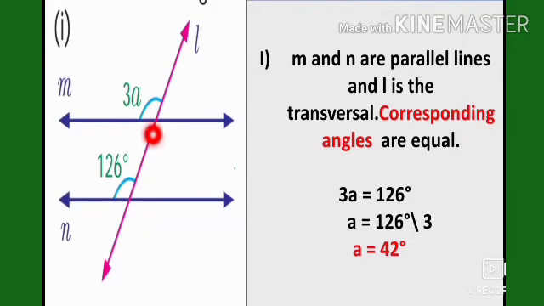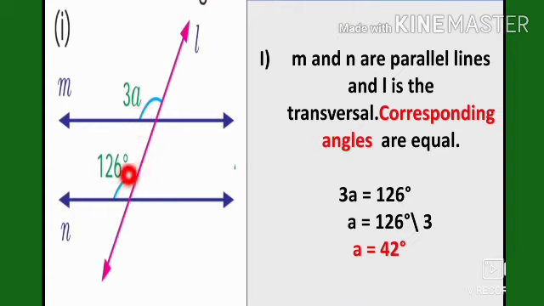Now students, let us find the value of A. And here M and N are two parallel lines and L is the transversal. And here 3A and 126 degrees are corresponding angles, because one angle is lying in the interior of these two parallel lines, and one angle is outside, in the exterior of the parallel lines.